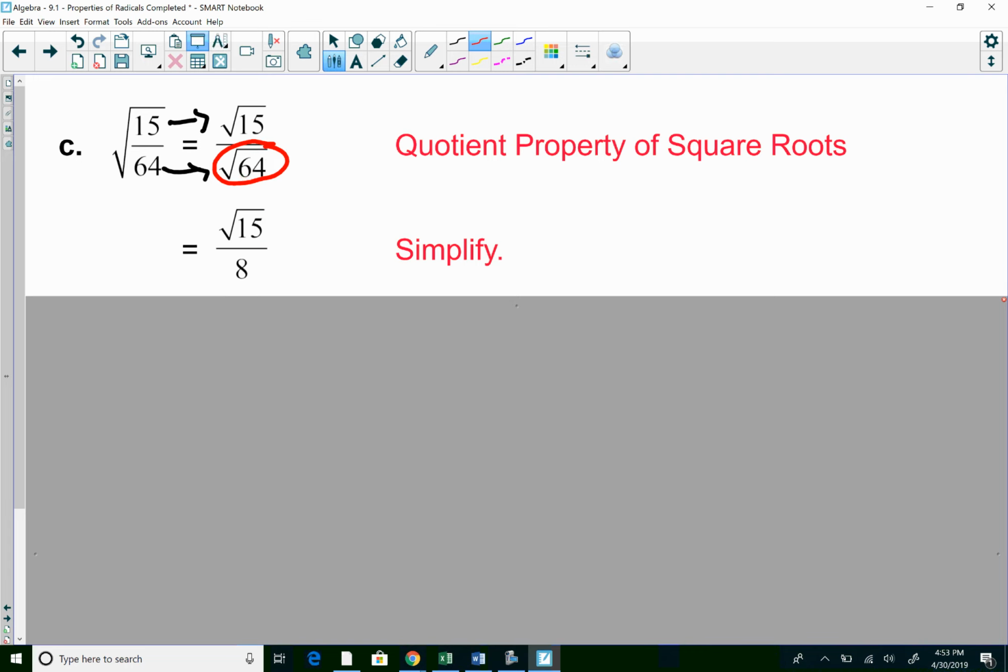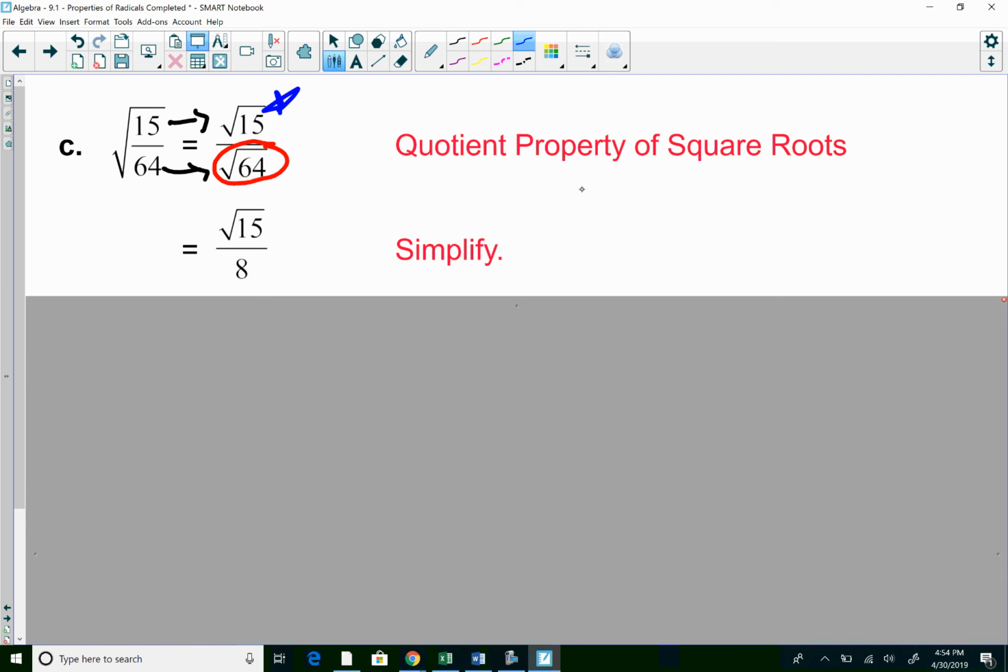So that's going to simplify down really nicely: the square root of 64 is going to turn into 8, and then the square root of 15. Now keep in mind, right now there is no perfect square inside the square root of 15, so we don't have to simplify that at all.